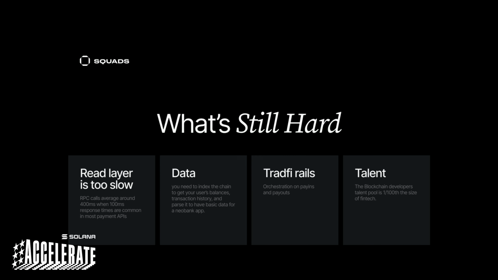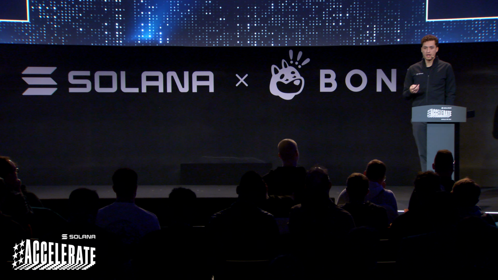The data, of course, needs to be parsed. So we end up having to have very specific knowledge of the programs that your wallets will compose with. And this is a bigger problem than sometimes we realize.